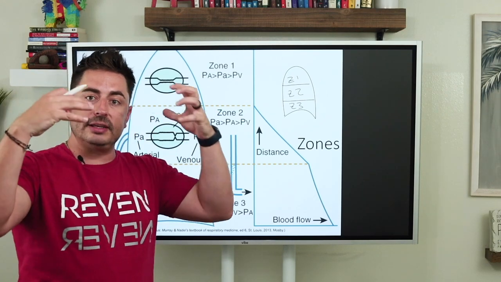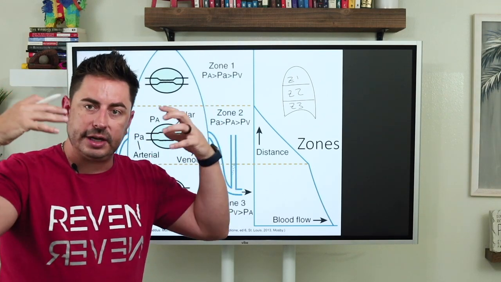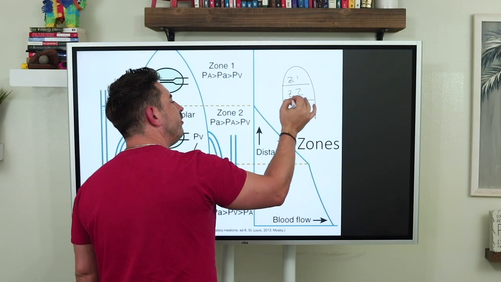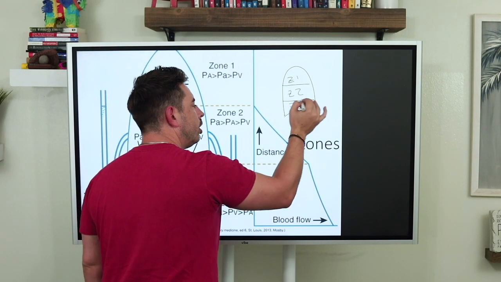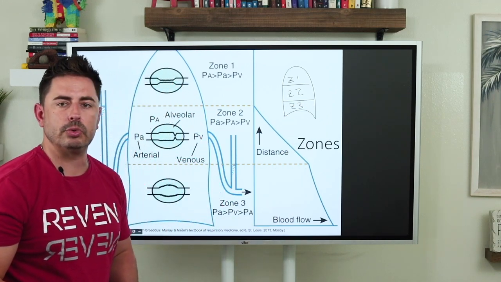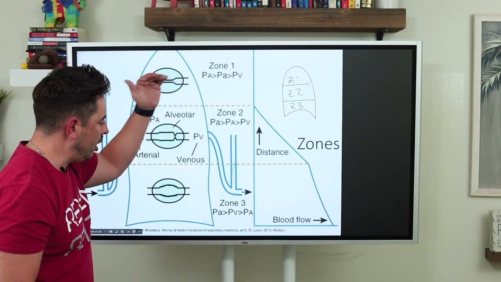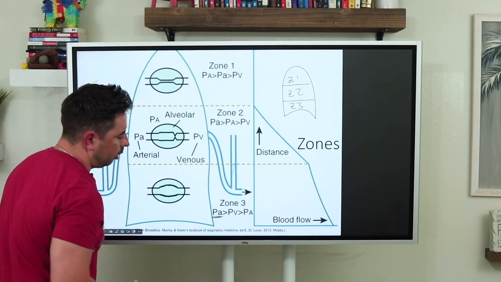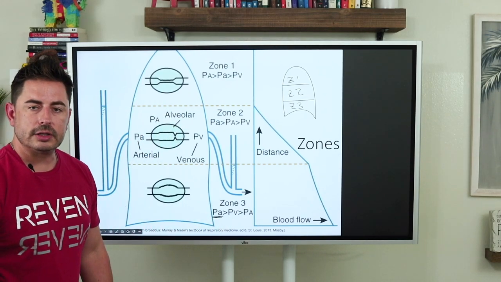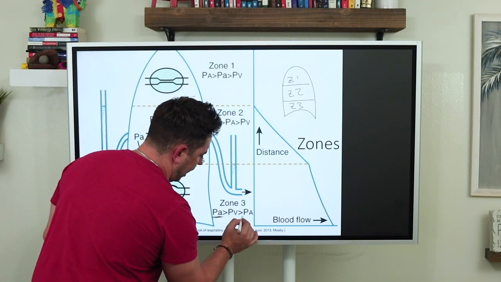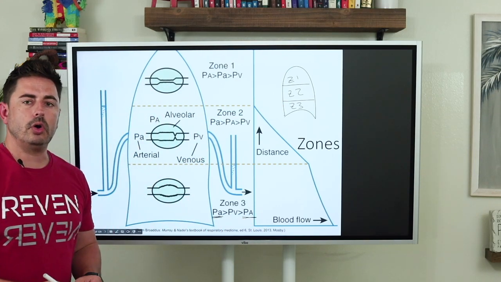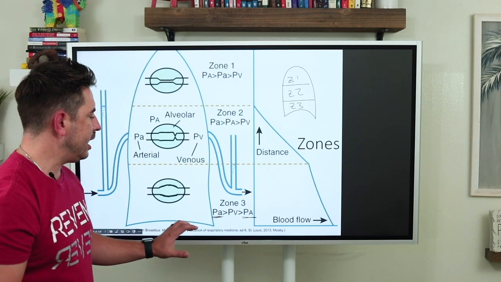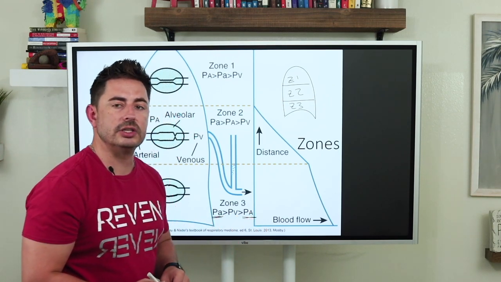I have all this gas, all of this oxygen and carbon dioxide that's taking place up here, but all of my blood, not all, but a good majority of my blood is going to be down here in zone 3. So whenever I move on down to zone 3, if I look here, my arterial pressure is greater than my alveolar pressure. So I have more perfusion down here in zone 3 than I do ventilation in zone 3.